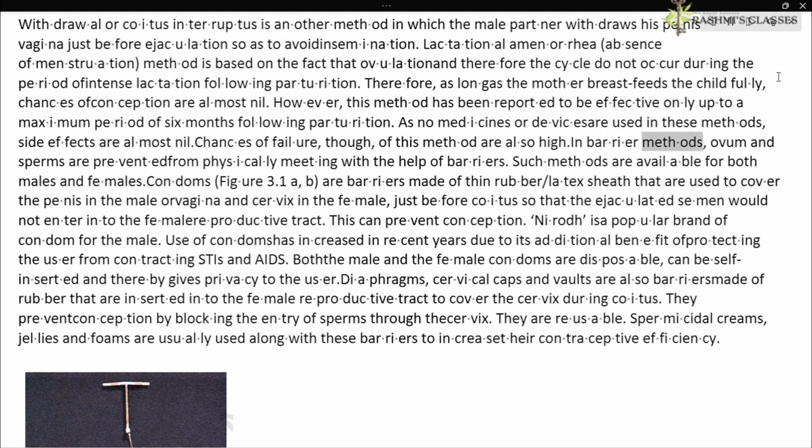In barrier methods, ovum and sperms are prevented from physically meeting with the help of barriers. Such methods are available for both males and females. Condoms, figure 3.1a, b, are barriers made of thin rubber/latex sheath that are used to cover the penis in the male or vagina and cervix in the female, just before coitus so that the ejaculated semen would not enter into the female reproductive tract.